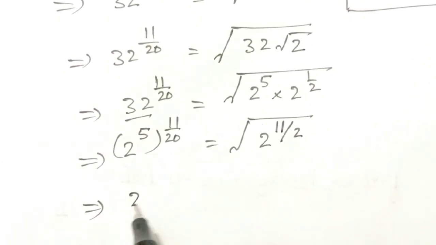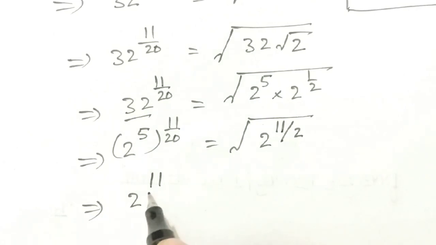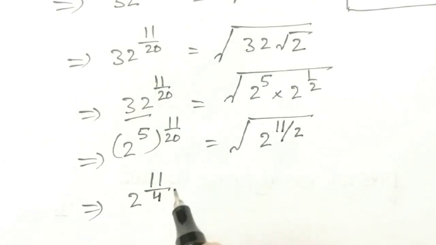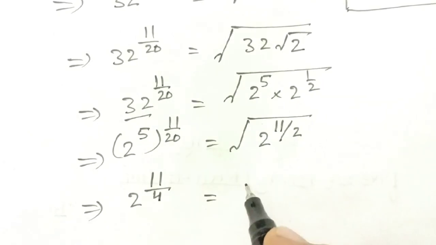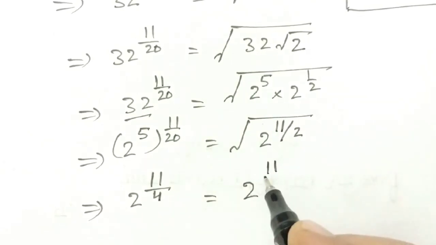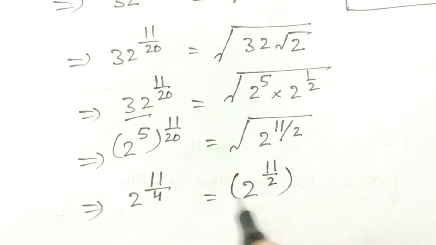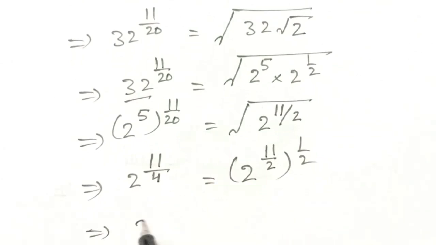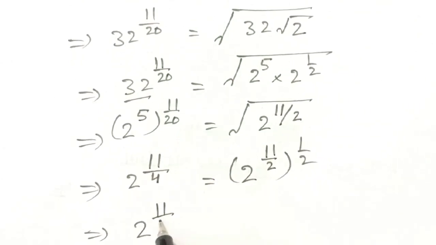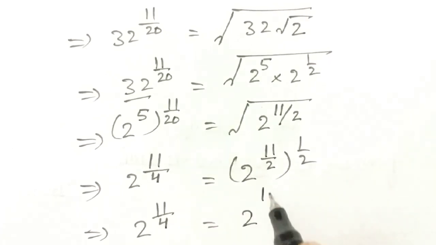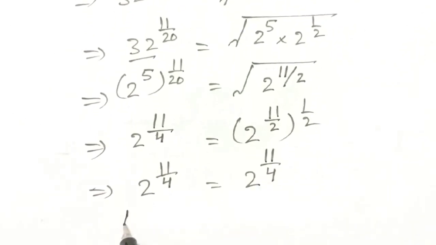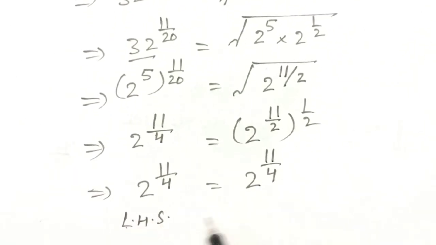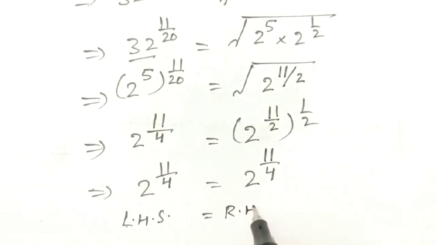So 2 to the power 11 over 4 is equal to 2 to the power 11 over 2 to the power half. Right? Now 2 to the power 11 over 4 is equal to 2 to the power 11 over 4. Right? So left hand side is equal to right hand side.